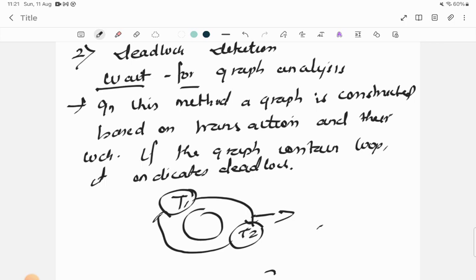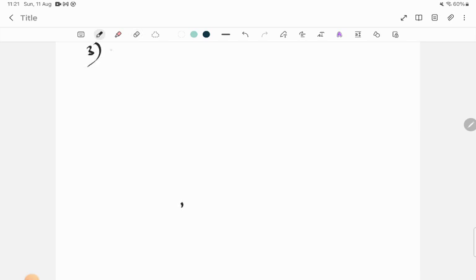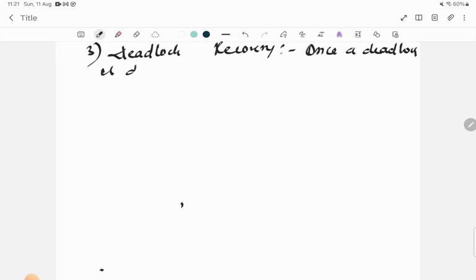Next one, the third, is deadlock recovery. So what is deadlock recovery? Once a deadlock is detected, it must be recovered also. What are the steps for deadlock recovery?